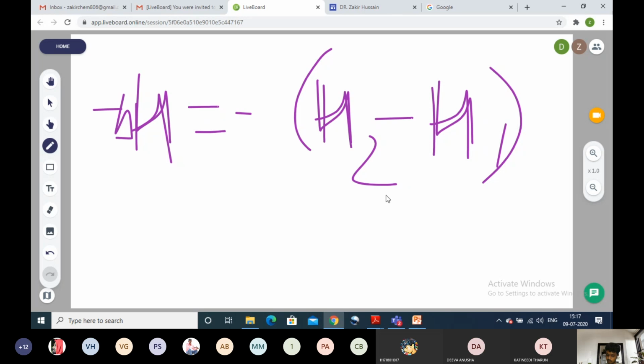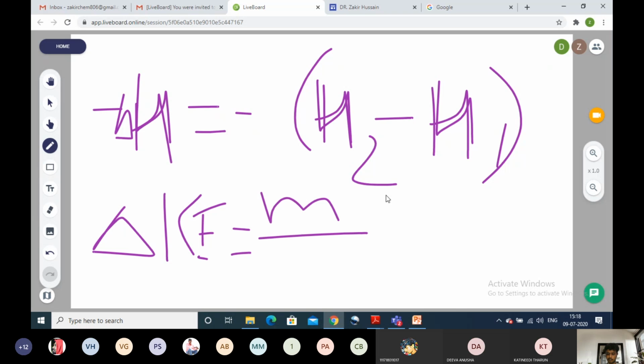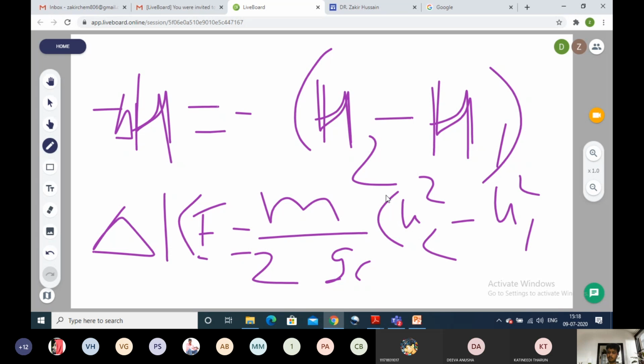So now we can write delta KE, change in kinetic energy, is equal to half m square, as already written. So half into m into, for the gravitational constant, we need to incorporate Gc, v square. Since it is changing from location u2 to u1, it is u2 square minus u1 square.